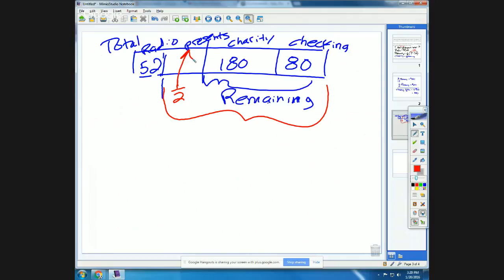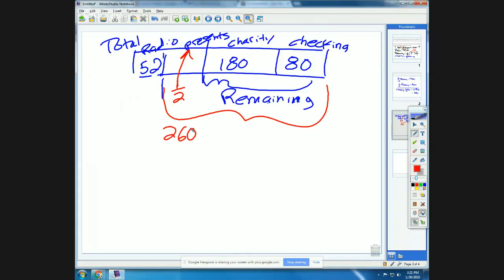What happened to the other half? Went to charity and checking. So if charity and checking is one half, do we now know what the presents half has to be? Yes. It has to be what? Combination of those two, it looks like 260, doesn't it? Yeah. So it looks like that should be 260. So we can kind of piece it together with a picture.